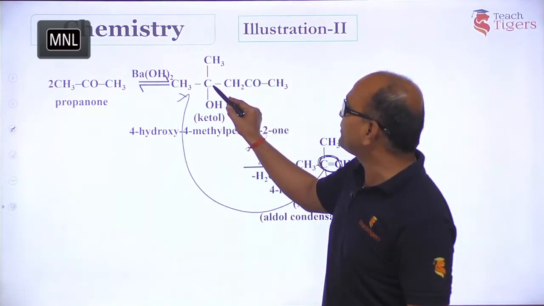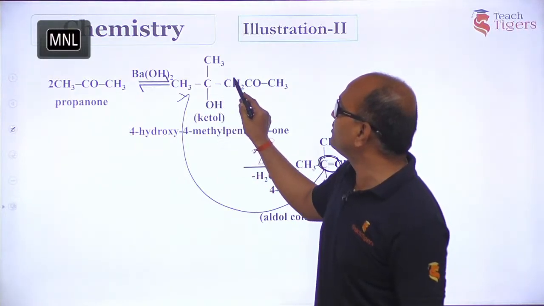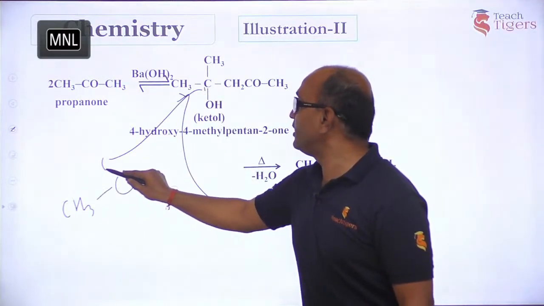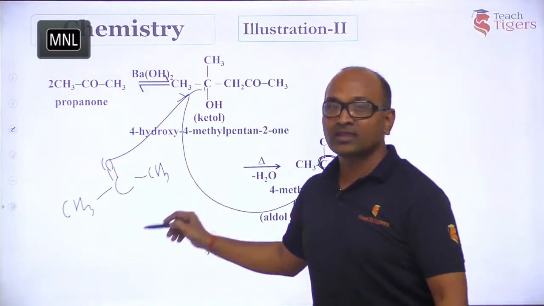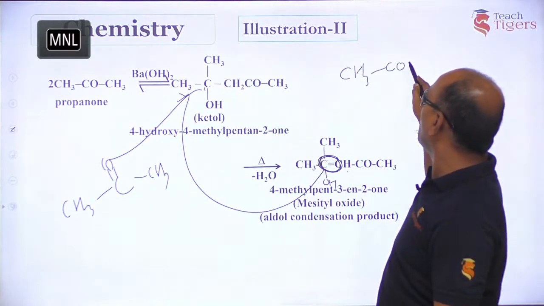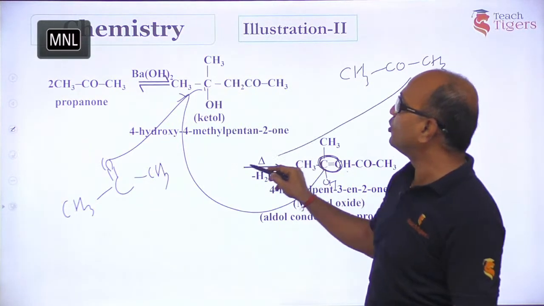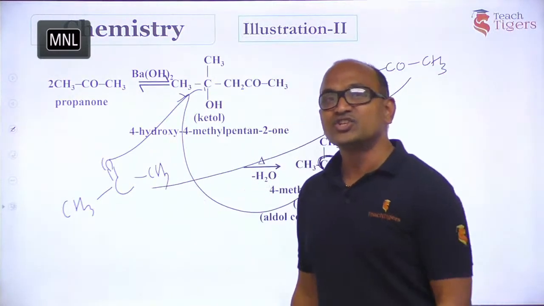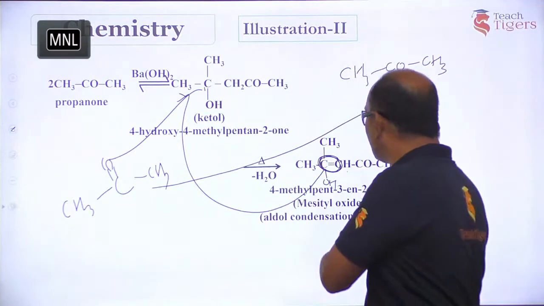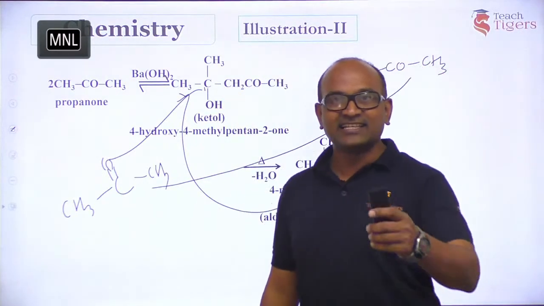So this carbonyl carbon which is forming OH would be CH3-C(=O)-CH3. Am I right? And this will be the alpha carbon, which you can know by adding one alpha. So both these are the same. Retrosynthesis questions are also asked in the mains. They give you the product and ask you to write the reactant. Is that point clear?